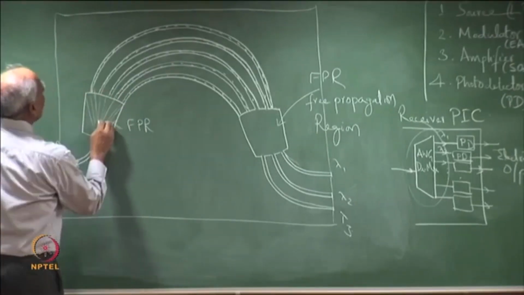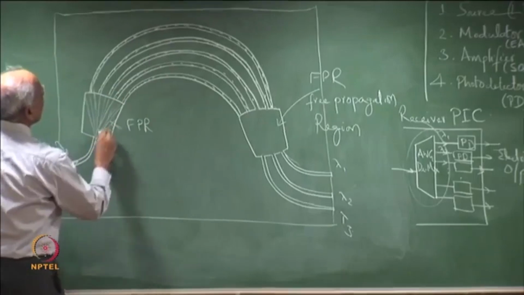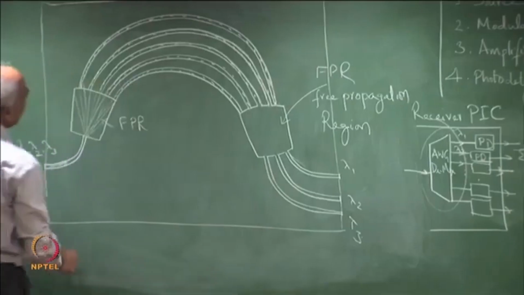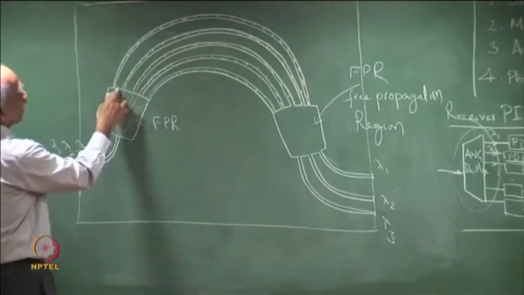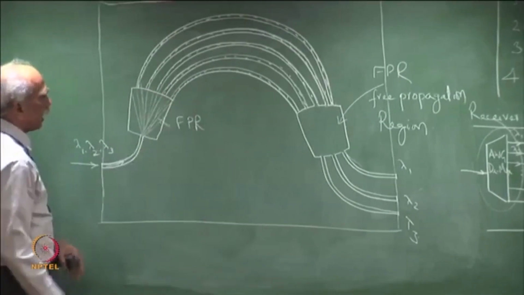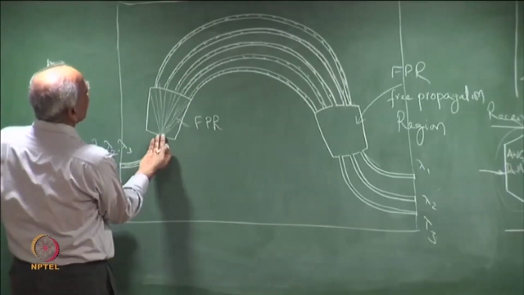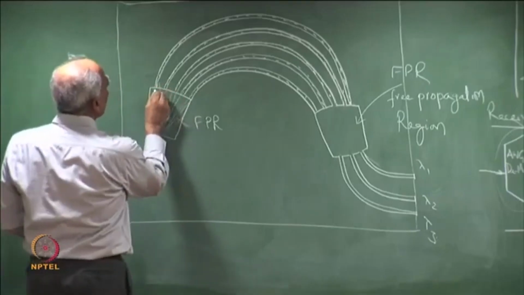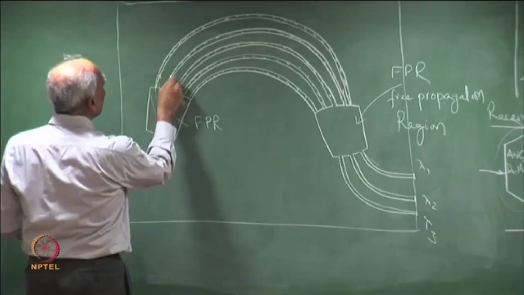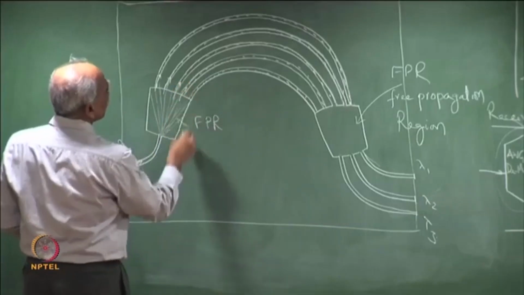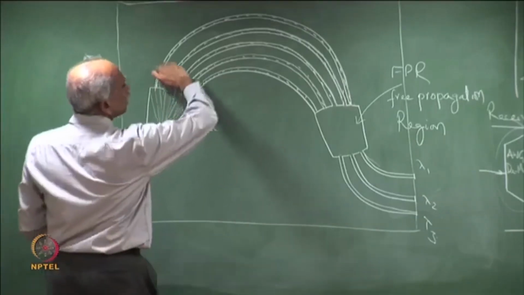Almost all the light is collected, but I have shown only 4. It looks as if there is a large gap, but a major part of the light which is propagating through here is collected by these waveguides, or they excite the modes of the waveguides, which then propagate along this arc.